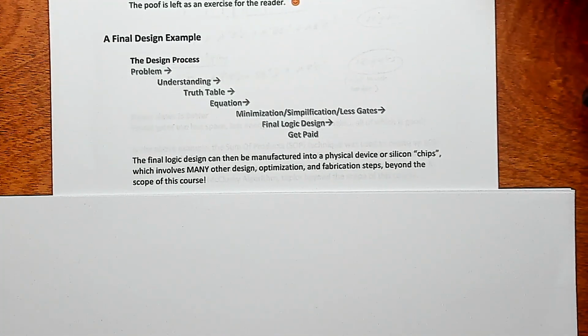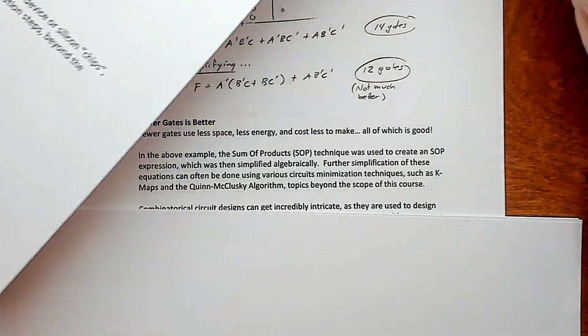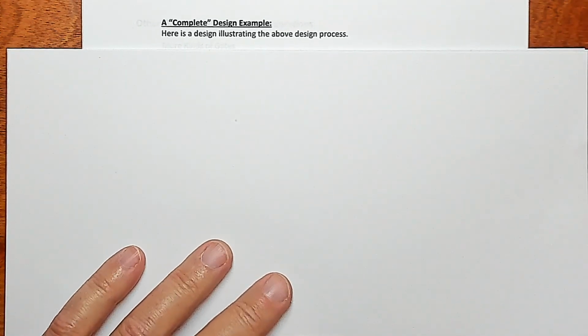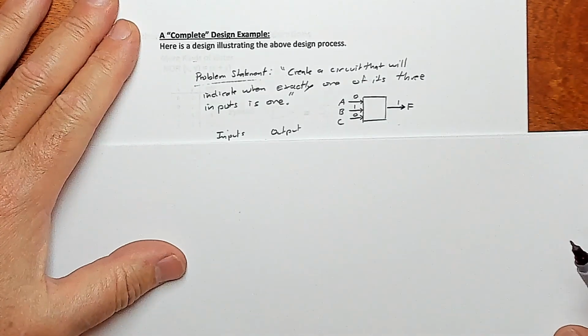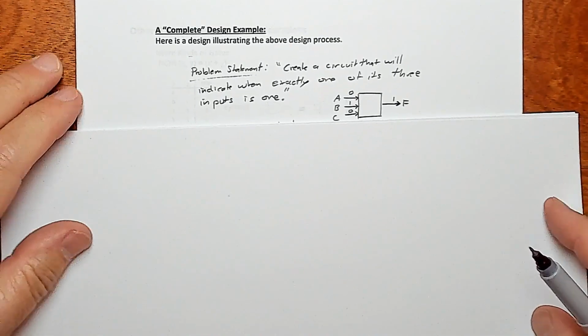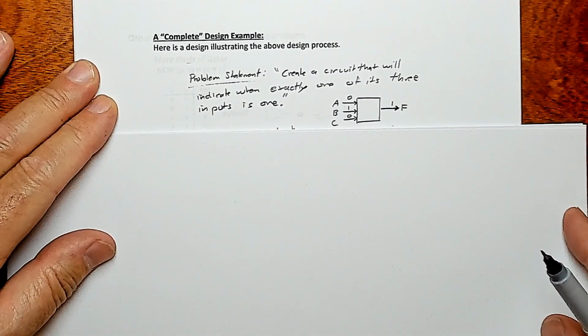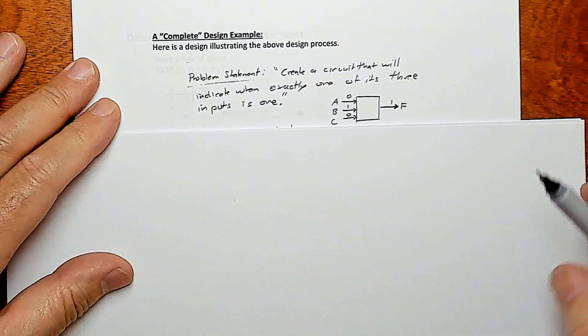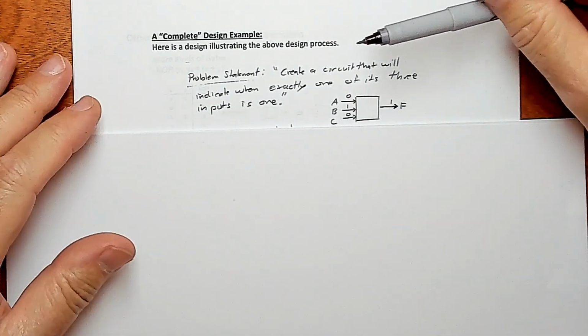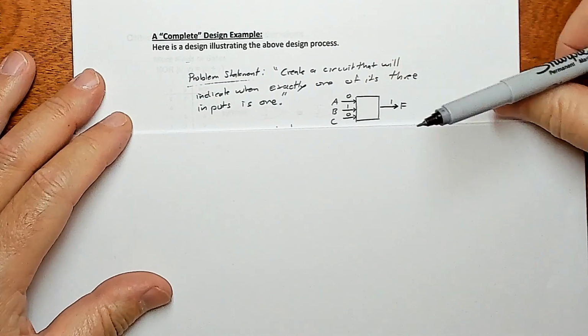But that's the basic process. So let me go through a design that's kind of a real world thing that uses the process I just delineated for you. So here's a complete design. Say your boss comes to you and says, we need a chip, a gadget, a digital circuit that will indicate when exactly one of its 3 inputs is 1.